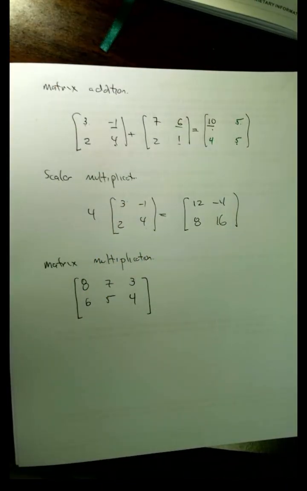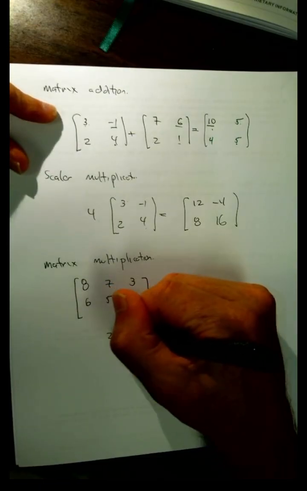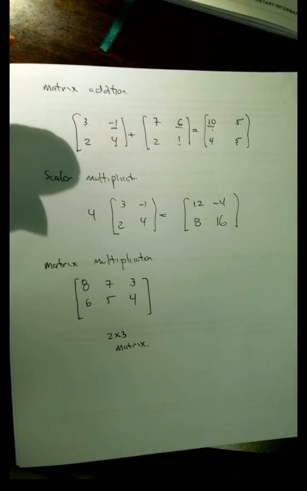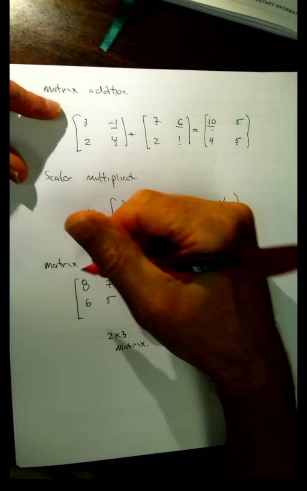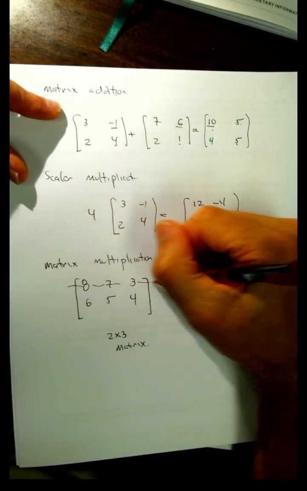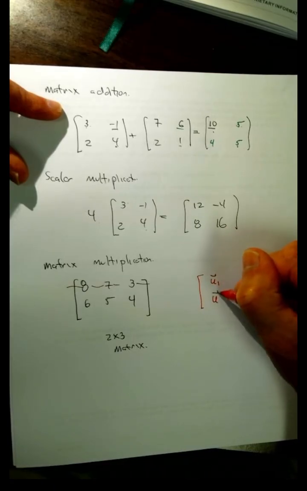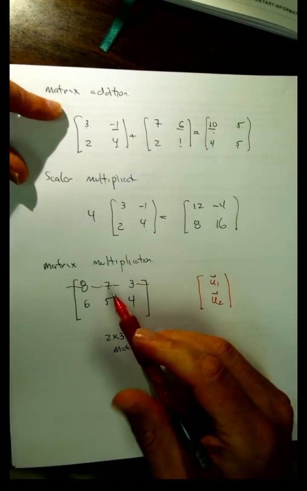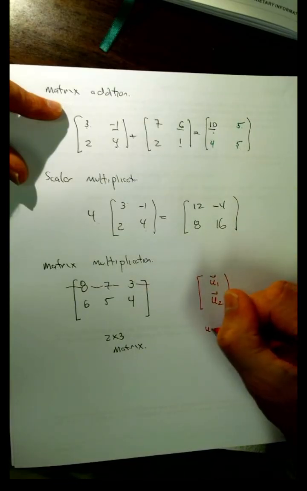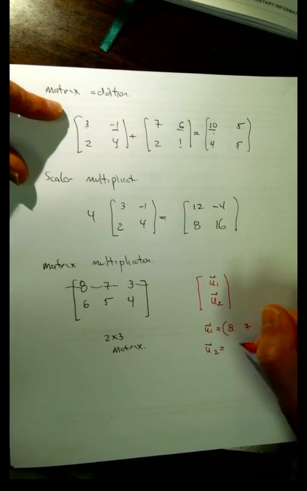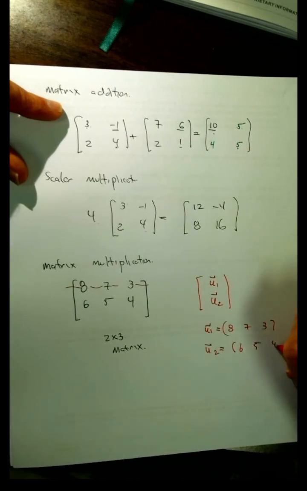So for example, we have a matrix with 2 rows and 3 columns, so we would say this is a 2 by 3 matrix. We need to be able to look at this in different ways. One way is to look at it in terms of row vectors. So we can think of this as 2 row vectors, where U1 is going to be 8, 7, 3, and U2, the second row, is 6, 5, 4.